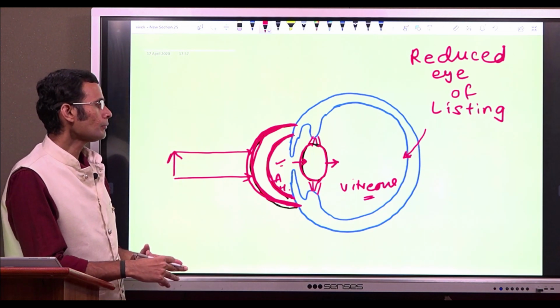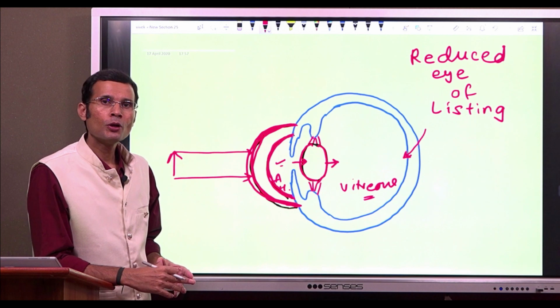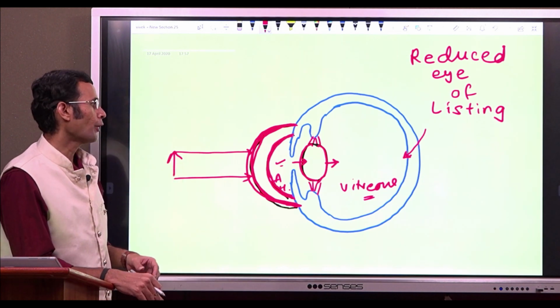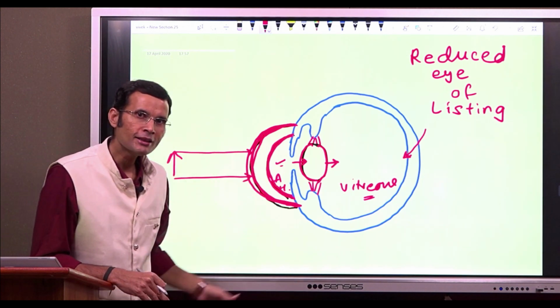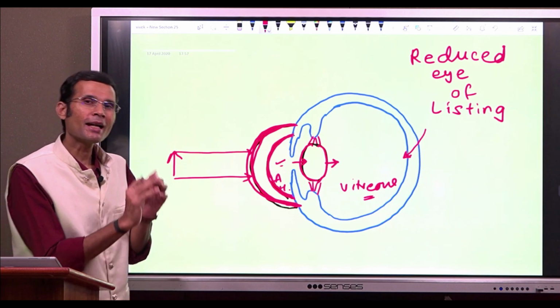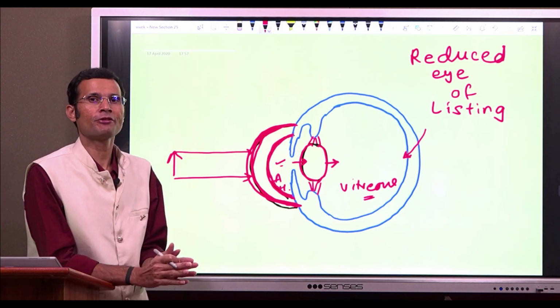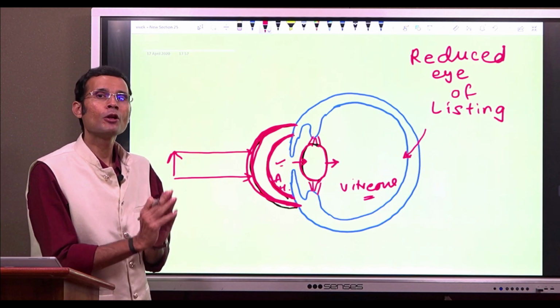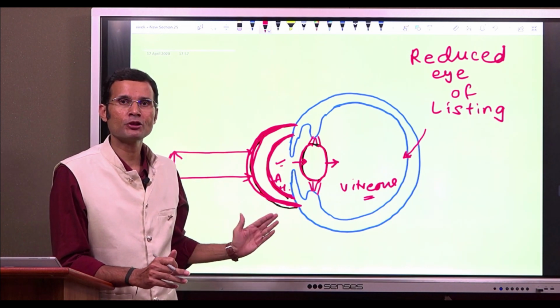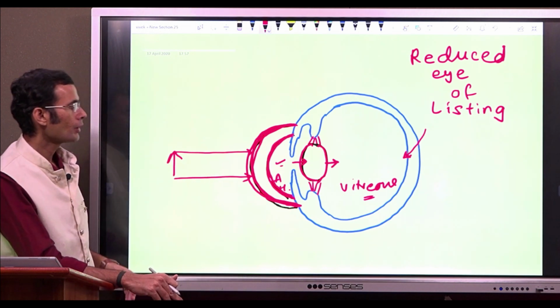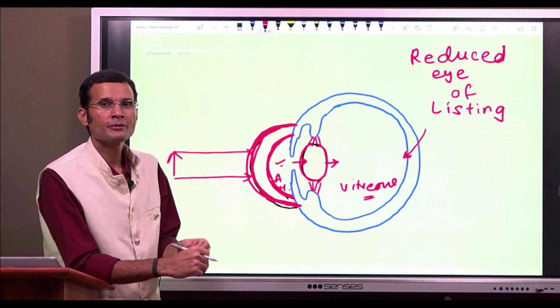So, to understand, let me add one more point. Out of all these refractions, the greatest refraction of the light rays will occur at the anterior surface of the cornea. Why is that?